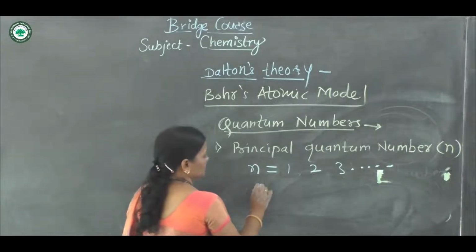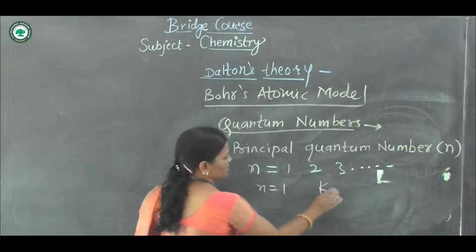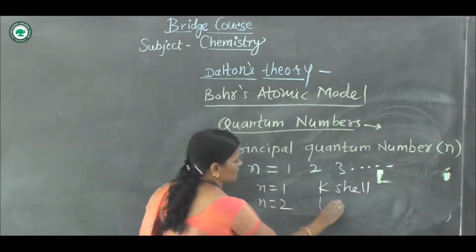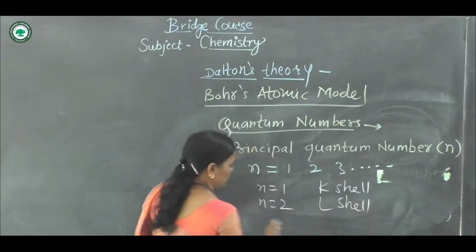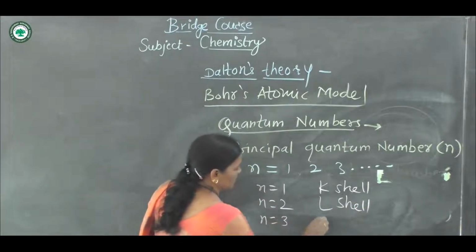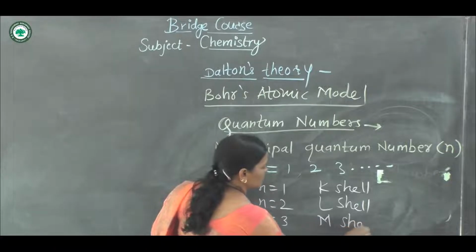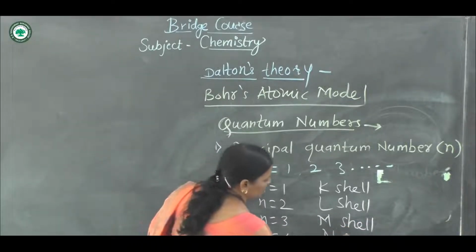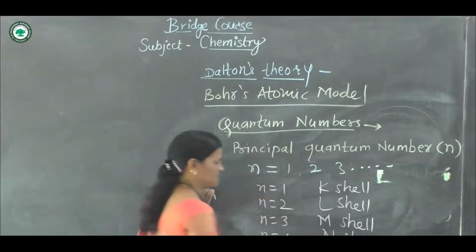Here n is equal to 1, K shell. When n is equal to 2, L shell. When n is equal to 3, M shell is present around the nucleus. When n is equal to 4, N shell is present around the nucleus.